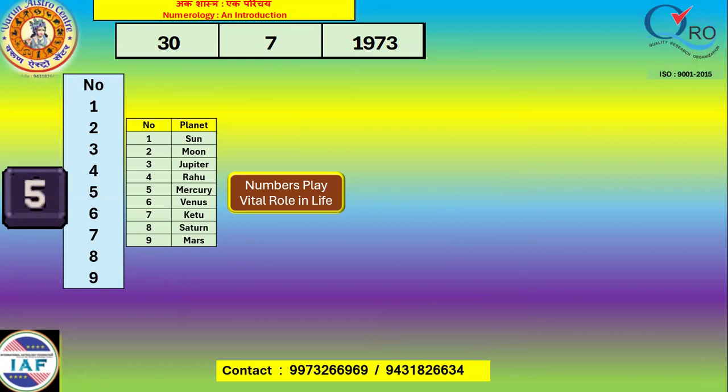When we convert them into a single digit, we get the prime number, which can also be known as driver. And when we add all the numbers, date, month, and year together and convert it into a single digit, it is known as life number or conductor.